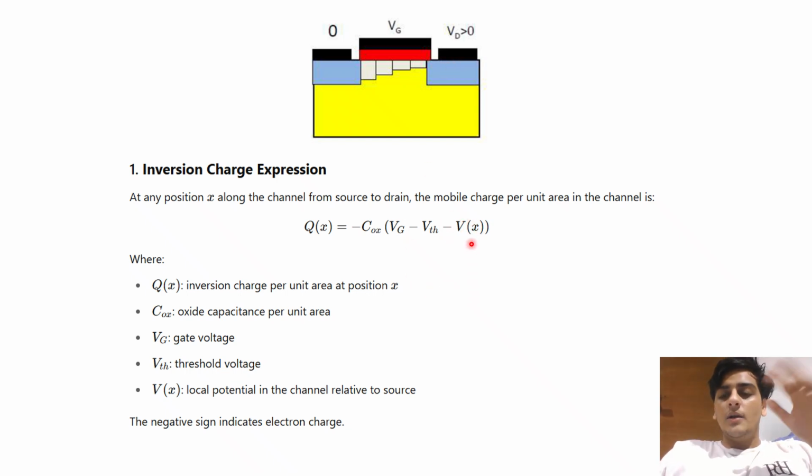So this local potential is what gives you that. Cool. So this is your expression for inversion charge. The minus sign is because this is made of electrons, right? And this is the capacitance of the oxide layer. So this represents the charge that you have across the channel.